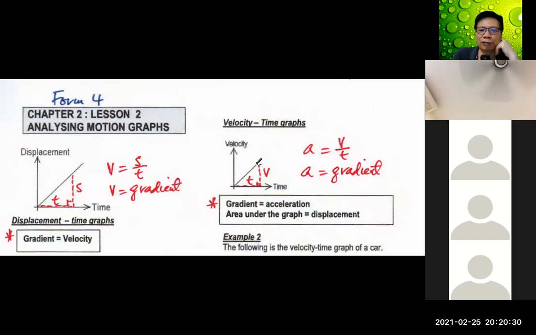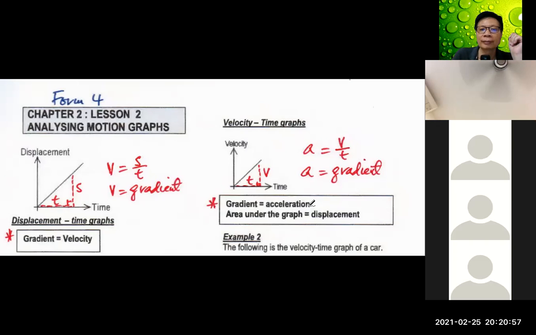Because when you find the gradient, you take velocity divided by time, which is change in velocity divided by time, so it becomes acceleration. So remember: for the displacement time graph, the gradient is velocity. For the velocity time graph, the gradient becomes acceleration.